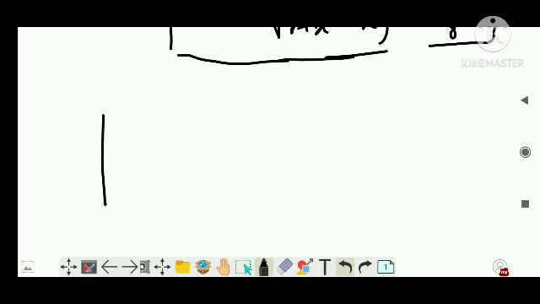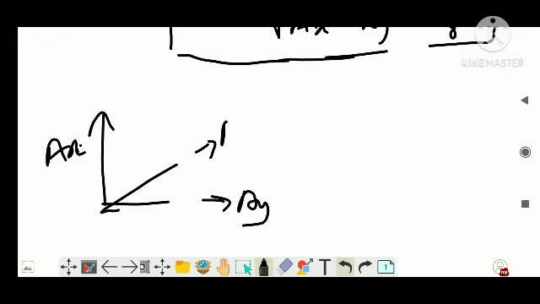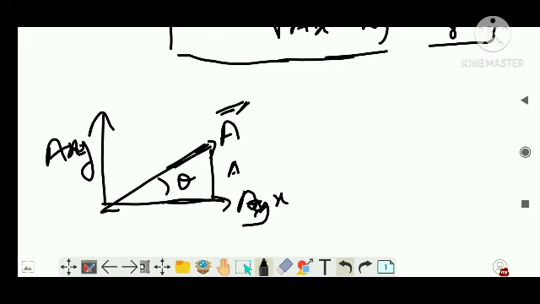So we had this as ax, this as ay, and this was the vector a. Now this was theta, so this was our triangle. This is ay, this is ax.